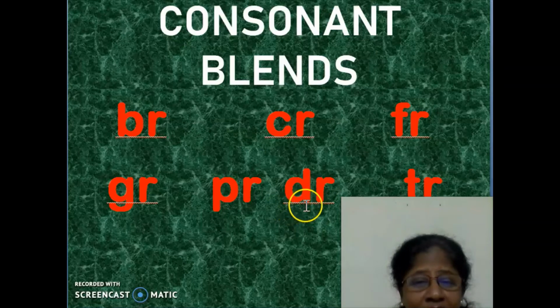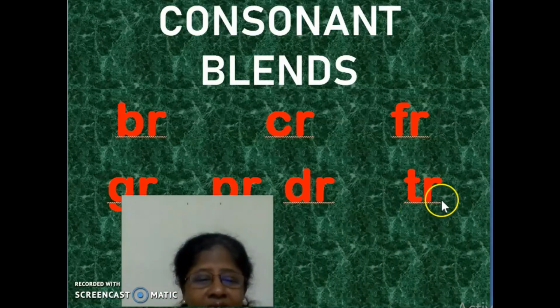Dream, drink, drank. And the last one is tr: tree, transform, transistor. This is drumstick, drink, and this is tree.